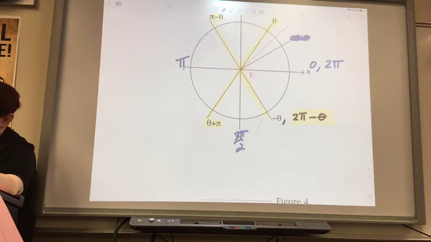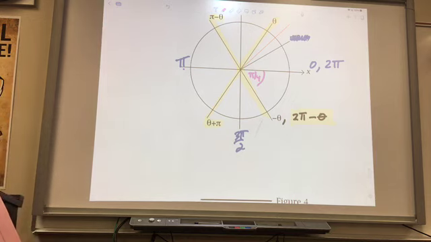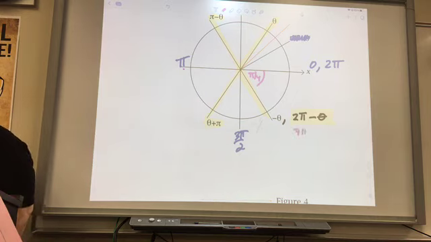Let's use pi over 4. Let's say my reference angle, this is called a reference angle, is pi over 4. What would 2 pi be in pi over 4? 8 pi over 4, right? Because we're over 4. And go back 1, 8 minus 1 is 7 pi over 4. So I would call this 7 pi over 4.